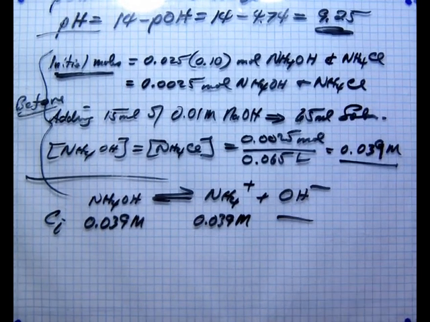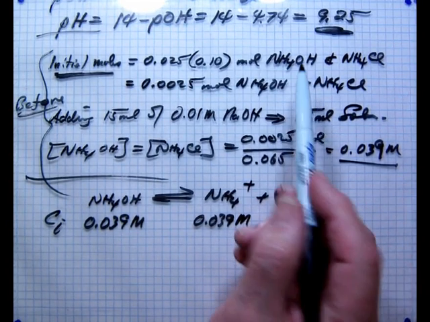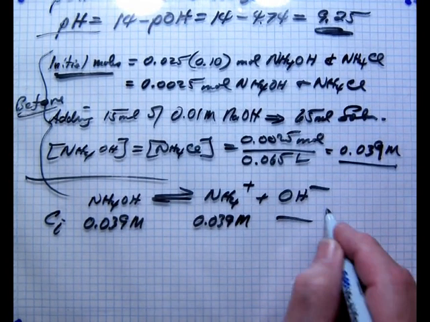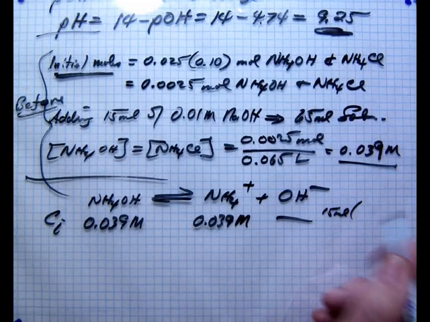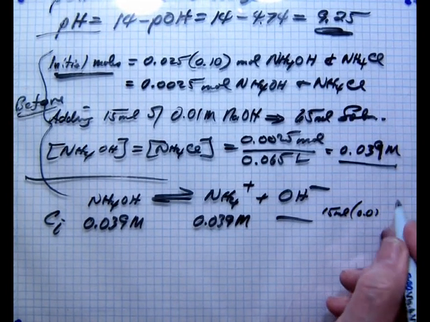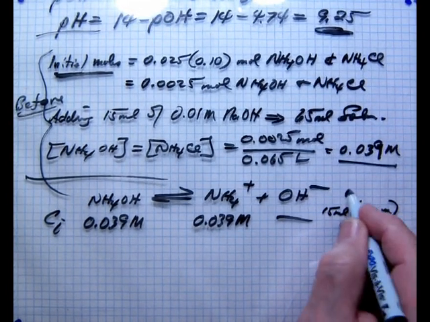I don't care what its hydroxide in that row is, because we're going to throw it, we got to take out the base that we're putting in there. Well, the base that you're putting in is 15 milliliters of 0.01 molar sodium hydroxide.